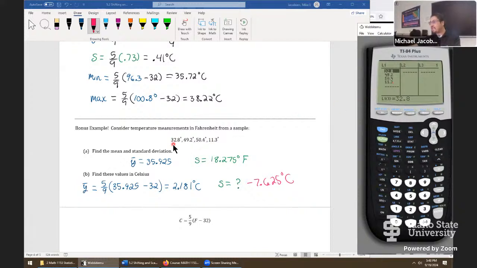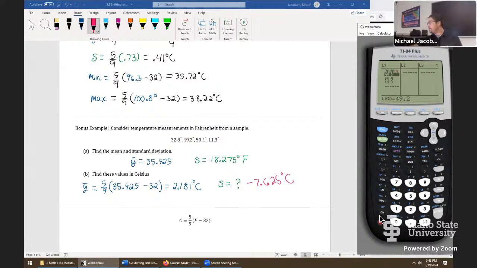This will be, take every one of these, plug it in for F. So that's why we only have 4 data values. So 5 divided by 9, parenthesis, 32.8 is the first one, minus 32. Then just hit enter, and that's our first conversion, 0.4 repeating.